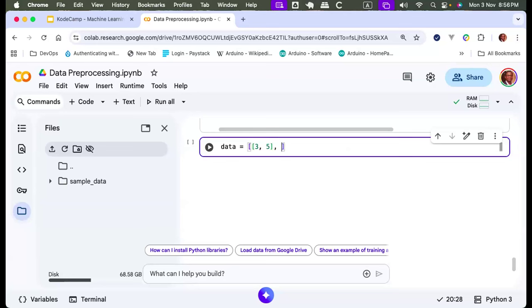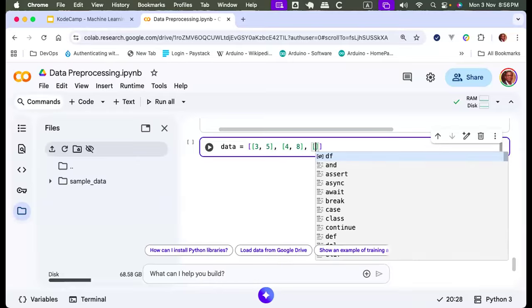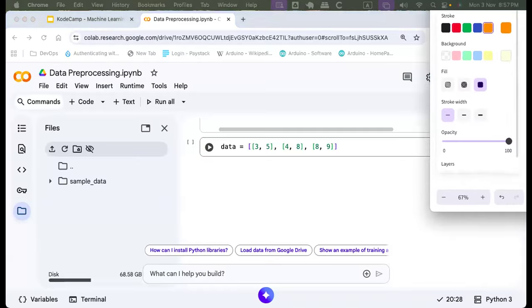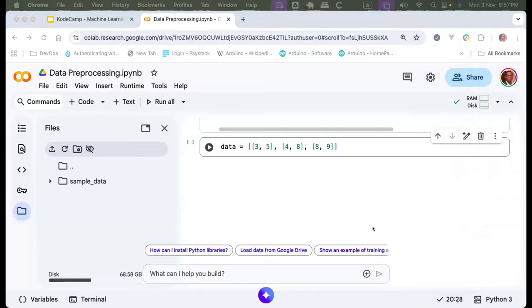If you remember, then 4 and 8. Then 8 and 9. Okay, I missed the third one. 2 and 10.